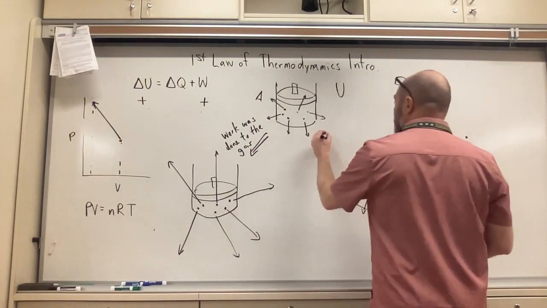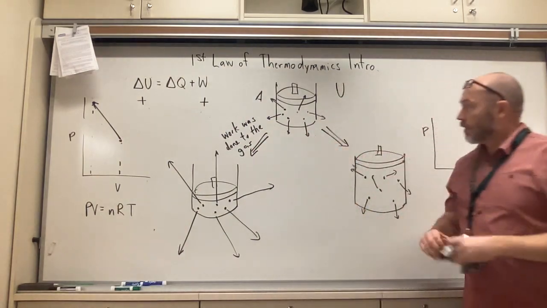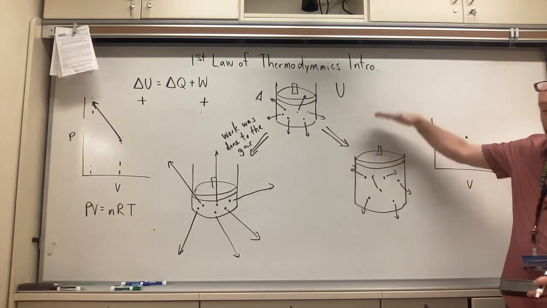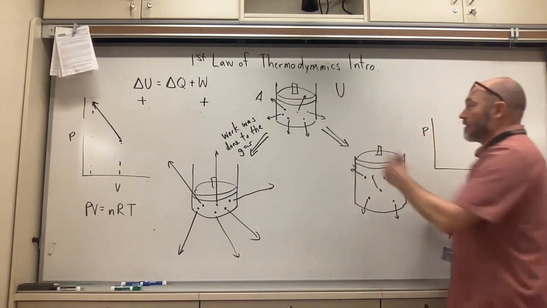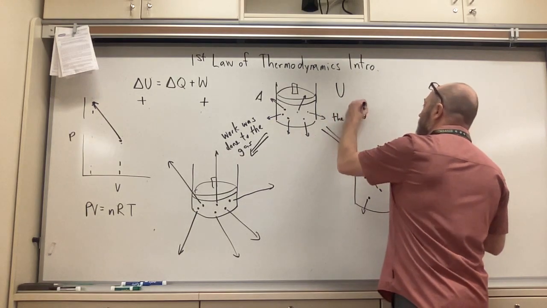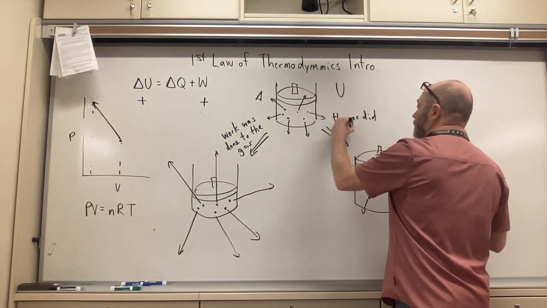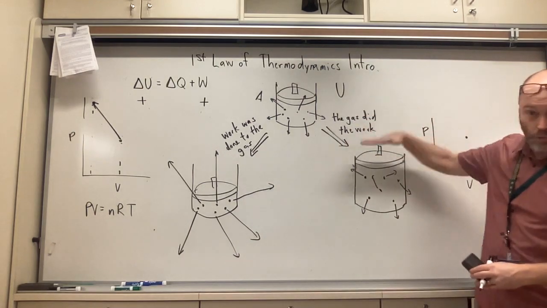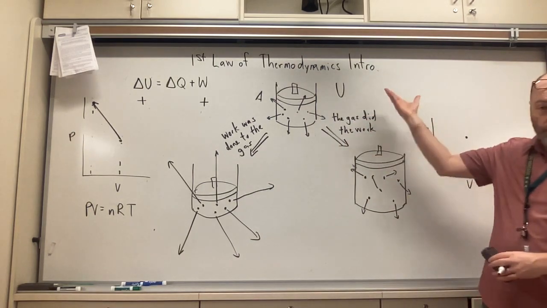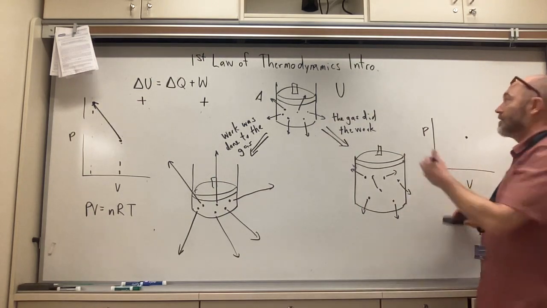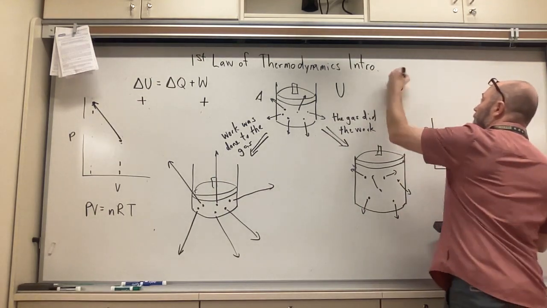If it goes this way, you can see this expanded. Well, if this expands, that means the gas did the work, because the gas pushed it this way and did the work to lift that up. If the gas did the work, that means the gas is going to lose energy.